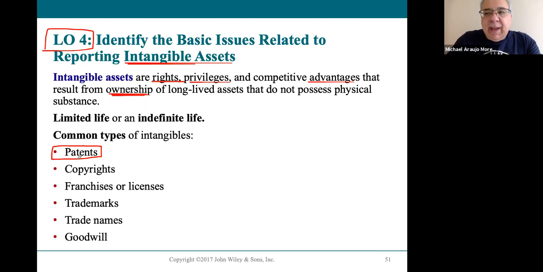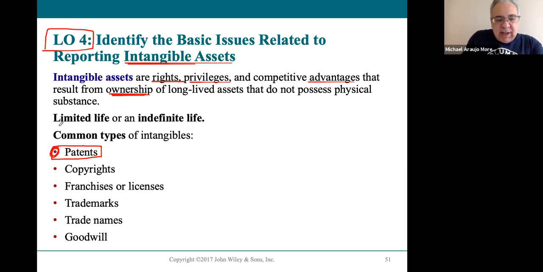Of course, now they have patents for their most popular products, be it an iPhone 12, be it the MacBook, be it other types of things. Those are all intangible assets in which they are the rightful, lawful owners of an invention.